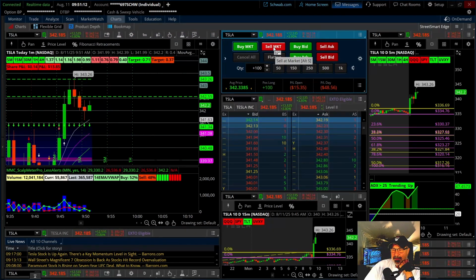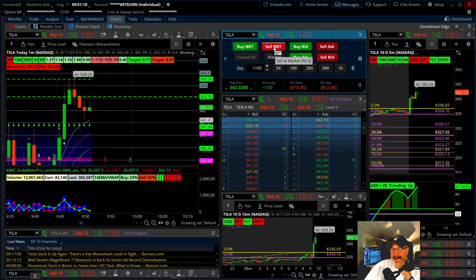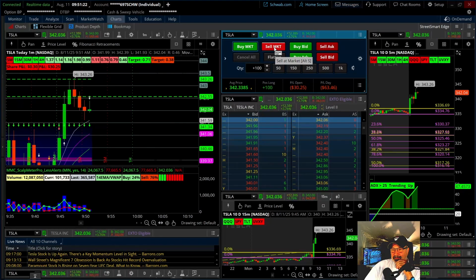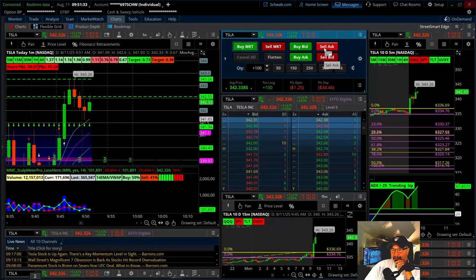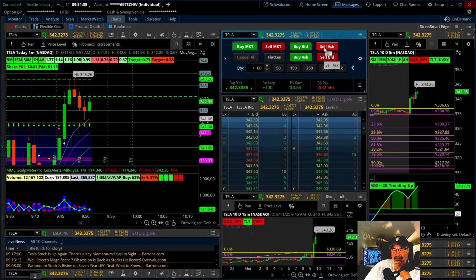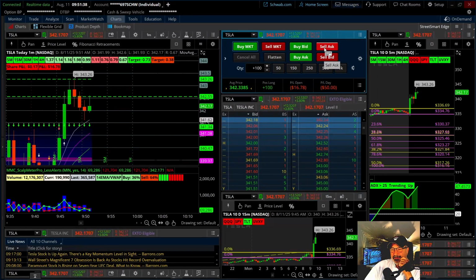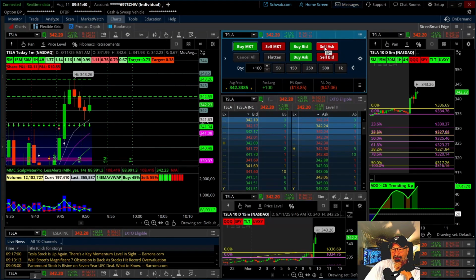I just did market because I just wanted to get in the move. See if we can get at least green before I move to another stock. Yeah, they gave me a really bad spot when I jumped in on market there.